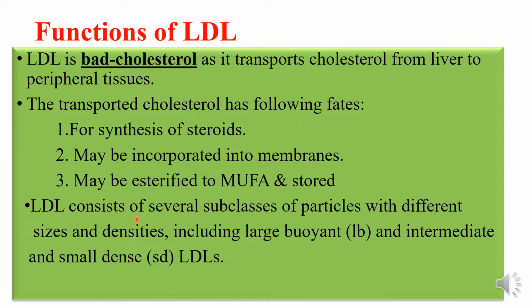The LDL consists of several subclasses of particles with different sizes and densities, including the large buoyant LDL, intermediate LDL, and the small dense, that is SD LDLs. So these are different subclasses of the LDL which are formed during the LDL metabolism.